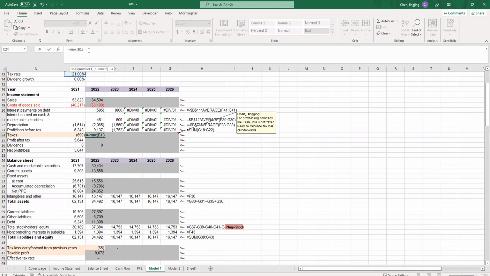Tax rate times here taxable profit, whichever is bigger.